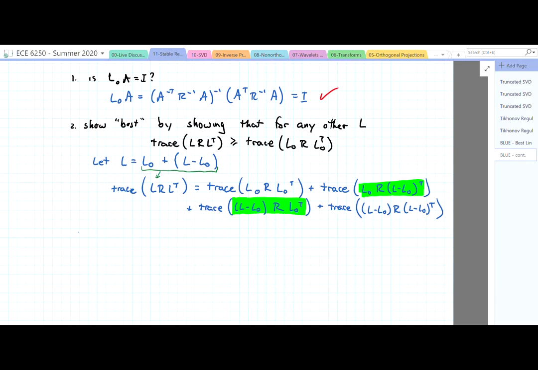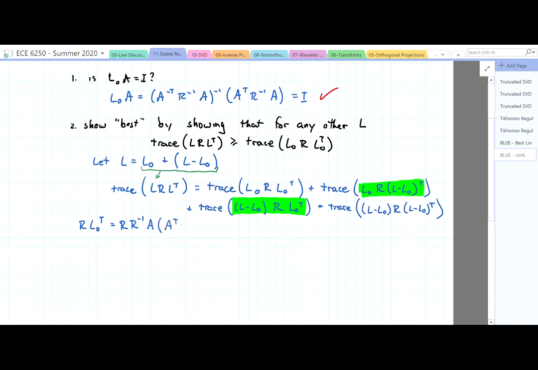So let's go ahead and use that to write R L naught transpose, and that's going to be R, and then the L naught transpose is going to give us an R inverse transpose, but it's a correlation matrix and it's symmetric, so we just get R inverse, and then we get A. I'm working backwards here.